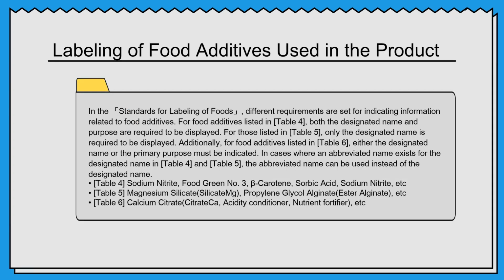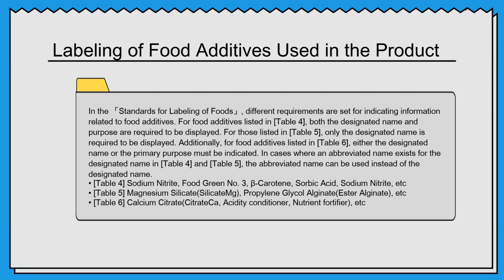This is about labeling of food additives used in the product. In the standards for labeling of foods, different requirements are set for indicating information related to food additives. For food additives listed in Table 4, both the designated name and purpose are required to be displayed. For those listed in Table 5, only the designated name is required to be displayed.